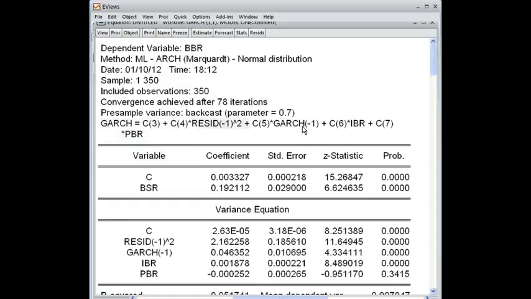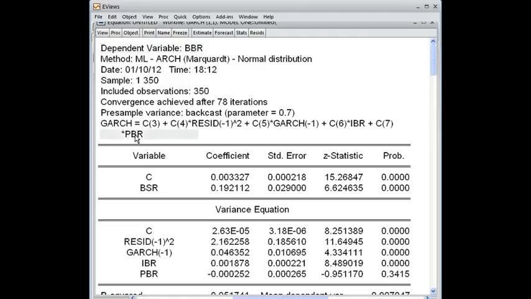Then GARCH, yes, it is significant. Then IBR, the Indian bond return, is also significant.